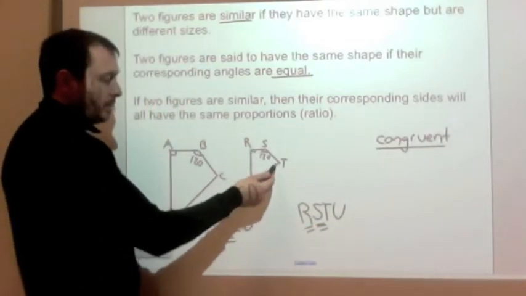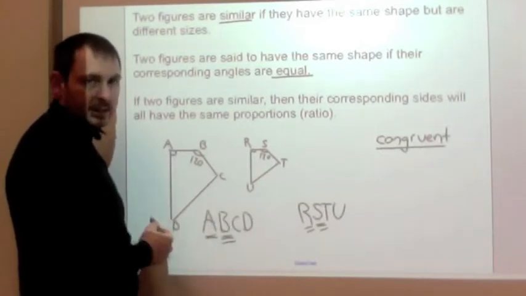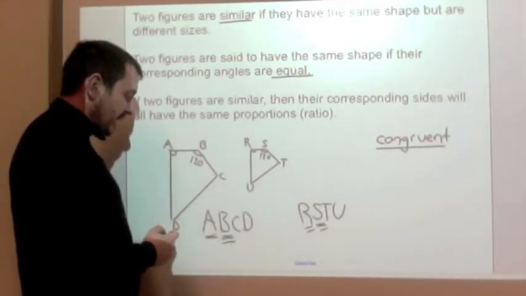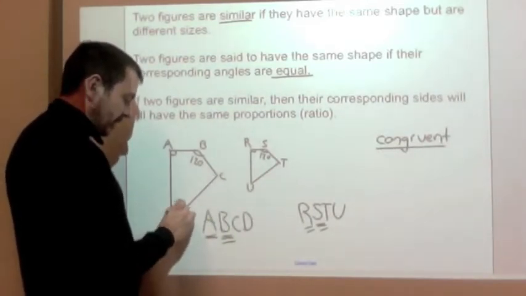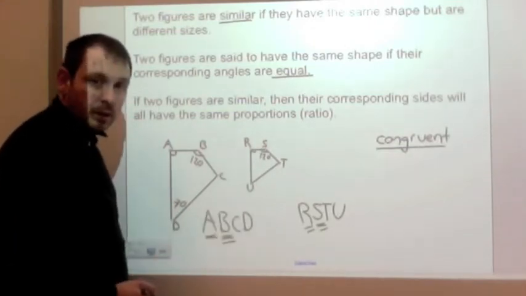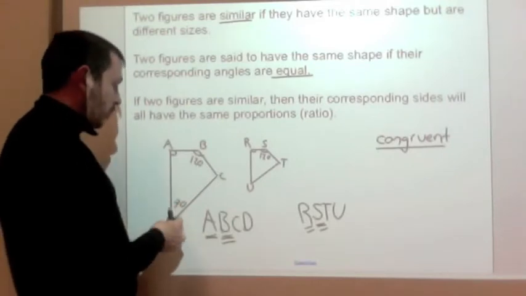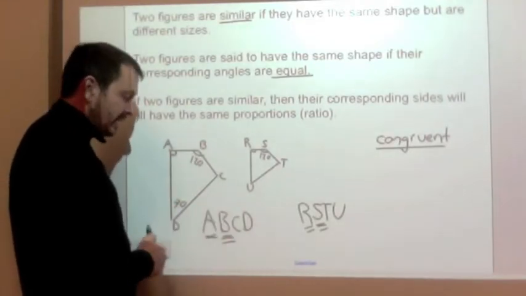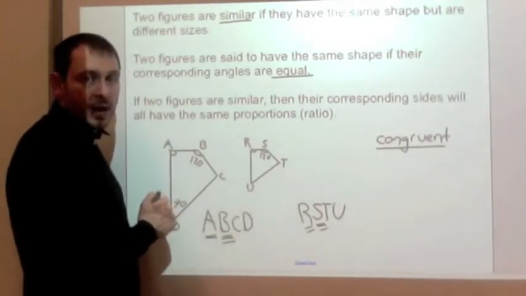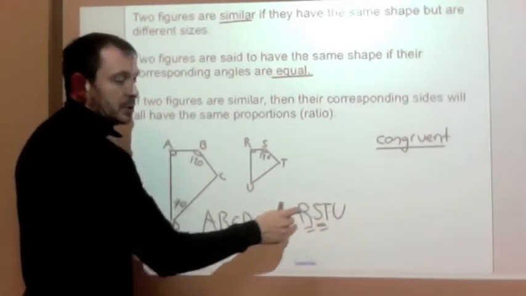So if angle T was 95, angle C is 95. So if the question said, angle D is 70 degrees, how big is angle U? Well, if the question told you they're similar, then the corresponding angles have to be the same. So if D is 70, U would also have to be 70 because D corresponds to U.